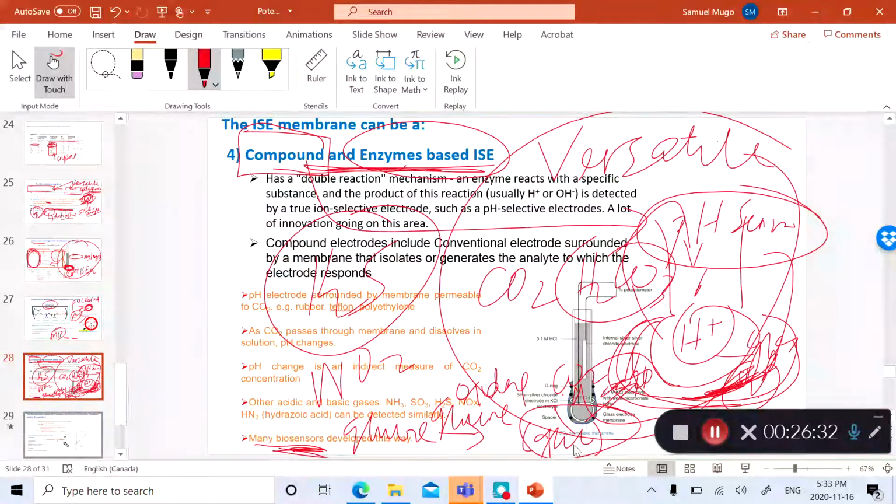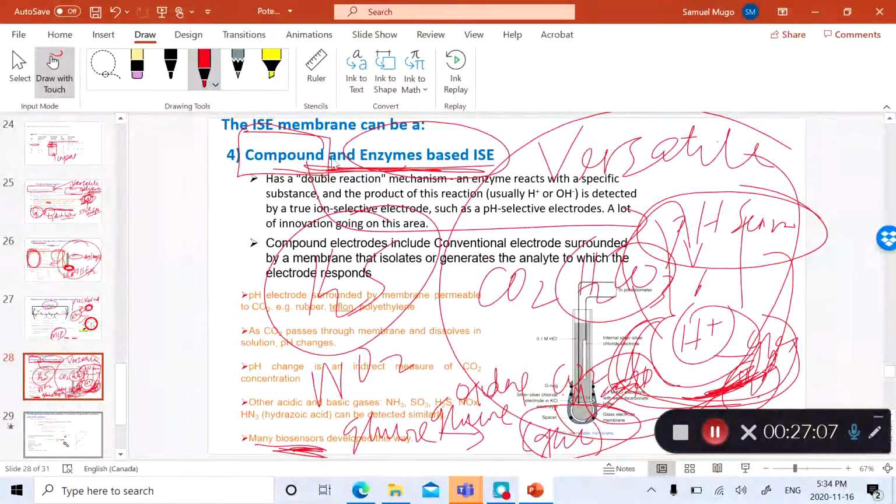There are many, many variations of these type of platforms to analyze many different types of compounds just by choosing the right type of enzyme. You can even make cholesterol biosensor in the same way. You take cholesterol and then you take an enzyme that is selective to cholesterol, such as cholesterol oxidase, and the product that you get typically is hydrogen peroxide. pH electrodes sometimes are responsive to hydrogen peroxide and so forth.